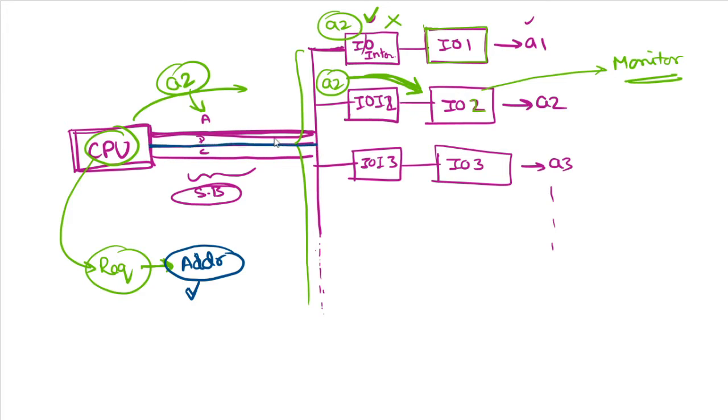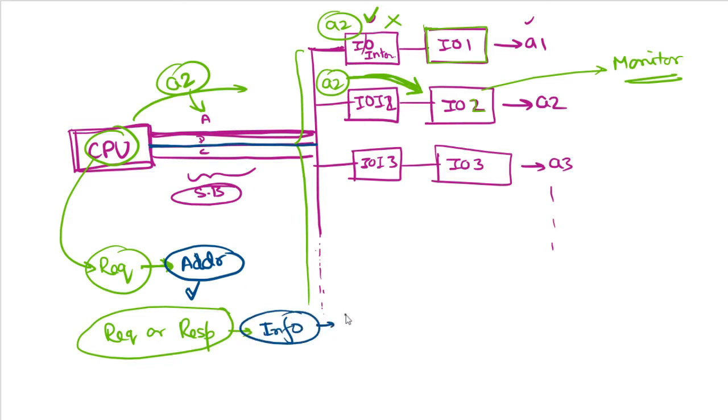So data or information is also sent to or received from an IO device. That means a request or response, either of them can be information or data, right?